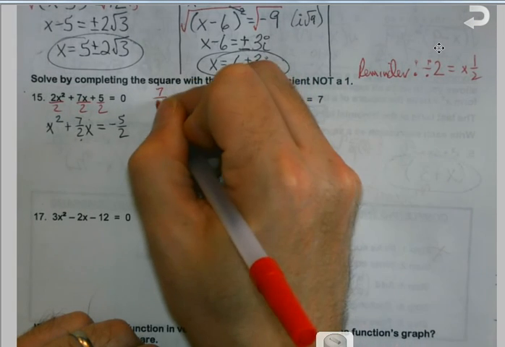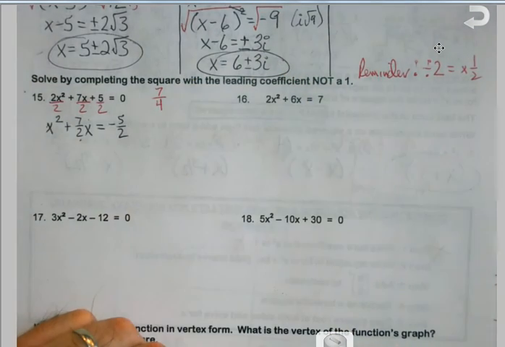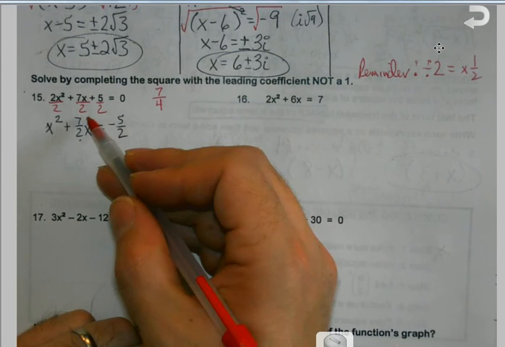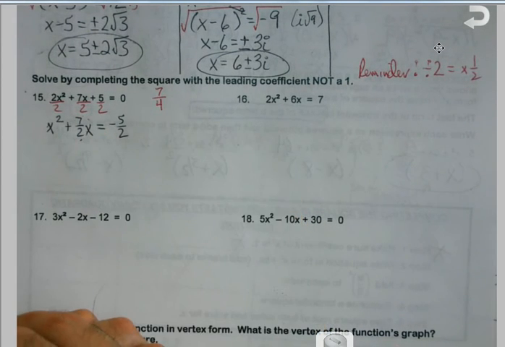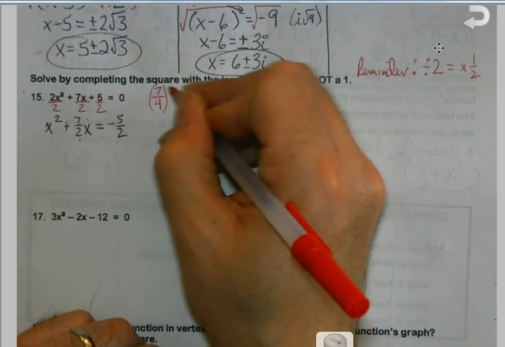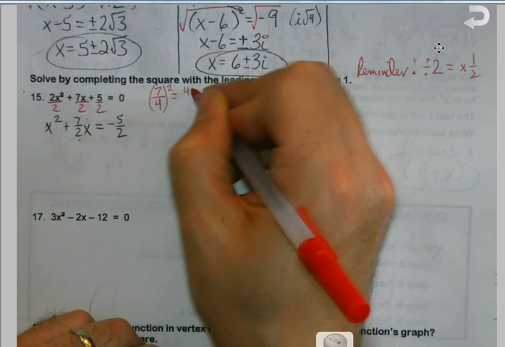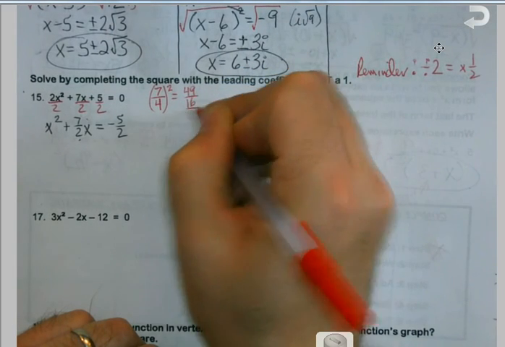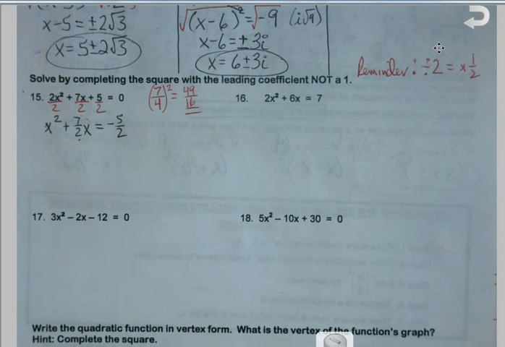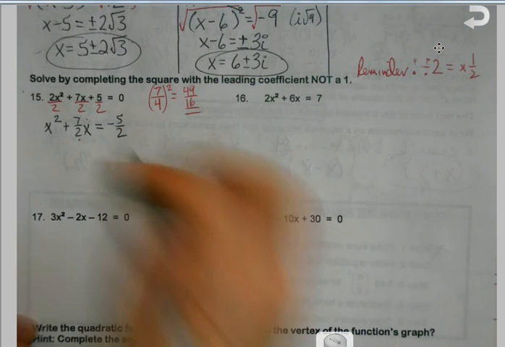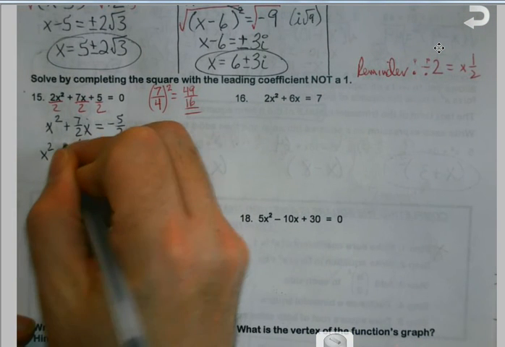So my b value divided by 2 is going to be 7/4. I just did 7/2 times 1/2. And since that doesn't clean up nicely, I leave it that way and square it. So the 49/16 is what I got to add to both sides.